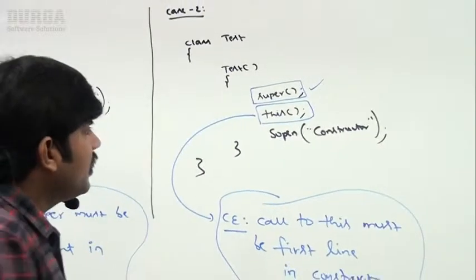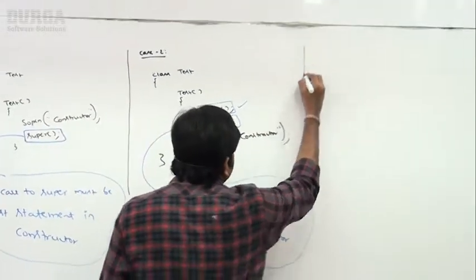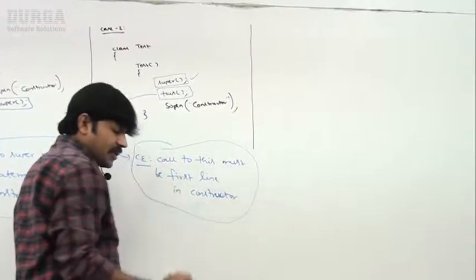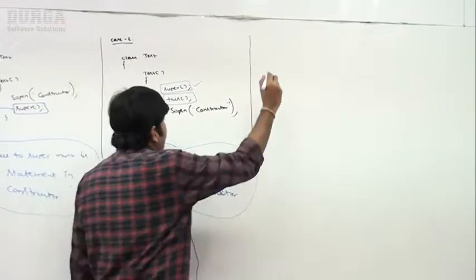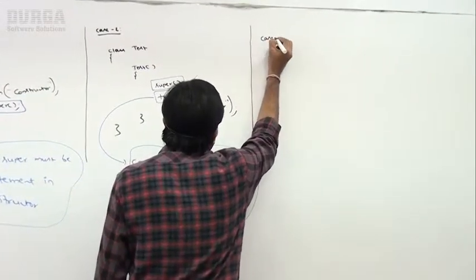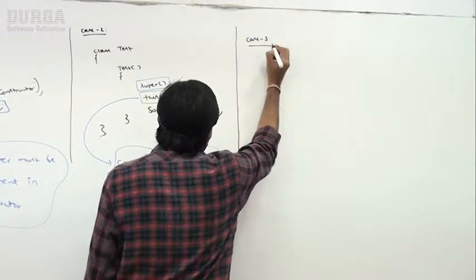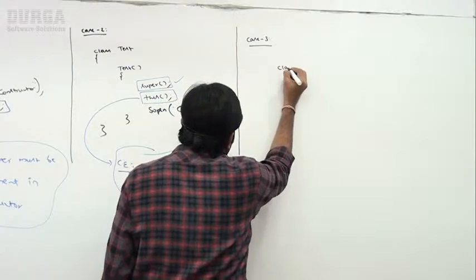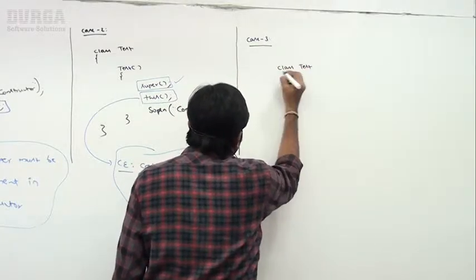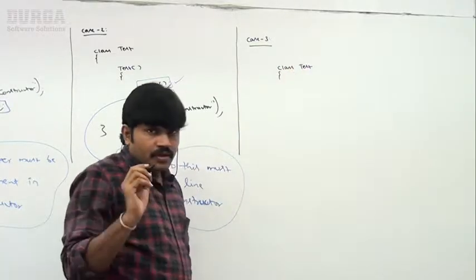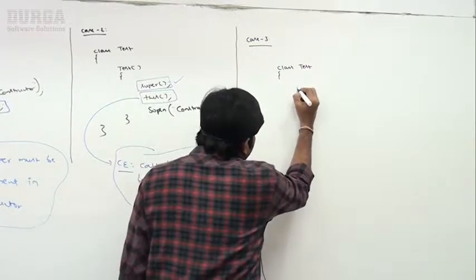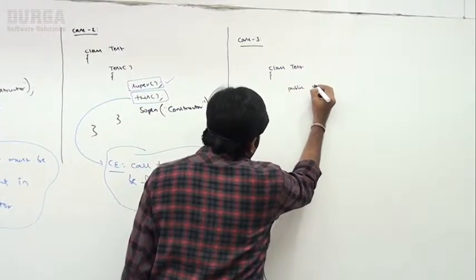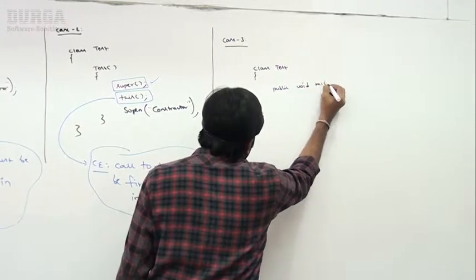Now let me go for one more case. Case 3. What is case 3? Very simple. Sir, a very dangerous case also. Observe carefully. Here I am taking class Test. Here the term is public void m1, sir.